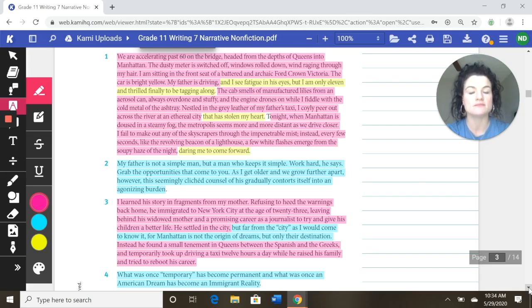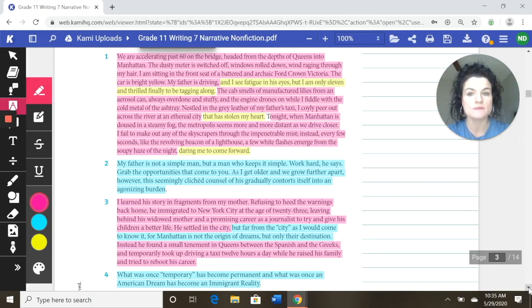The cab smells of manufactured lilies from an aerosol can, always overdone and stuffy, and the engine drones on while I fiddle with the cold metal of the ashtray. Nestled in the gray leather of my father's taxi, I coyly peer out across the river at the ethereal city in a swirling wind.